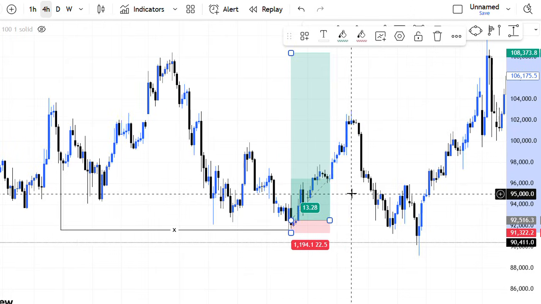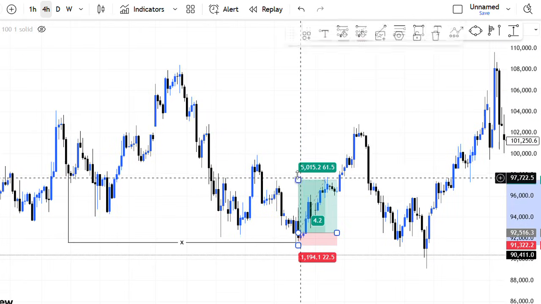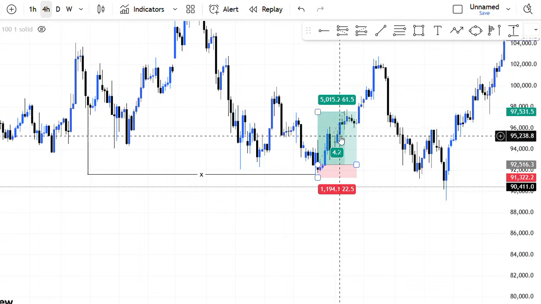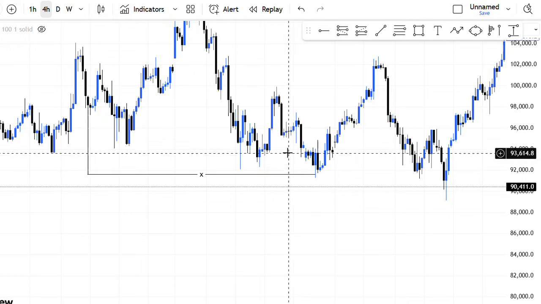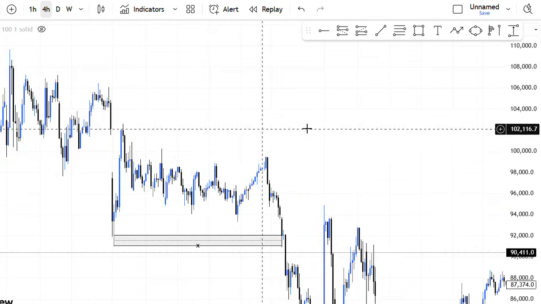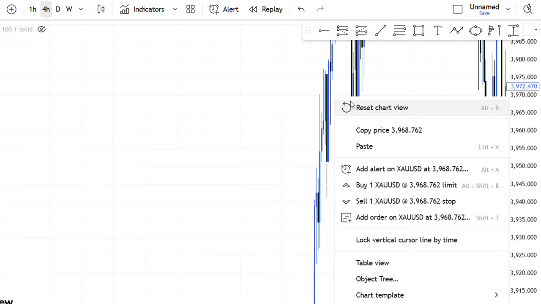You cannot hold a trade that long. Just find the closest point where you can hold the trade. Yeah, here's the closest. So you still take 1:2 on this. Still a good trade. So I think I will close here and go back to the explanation I did.